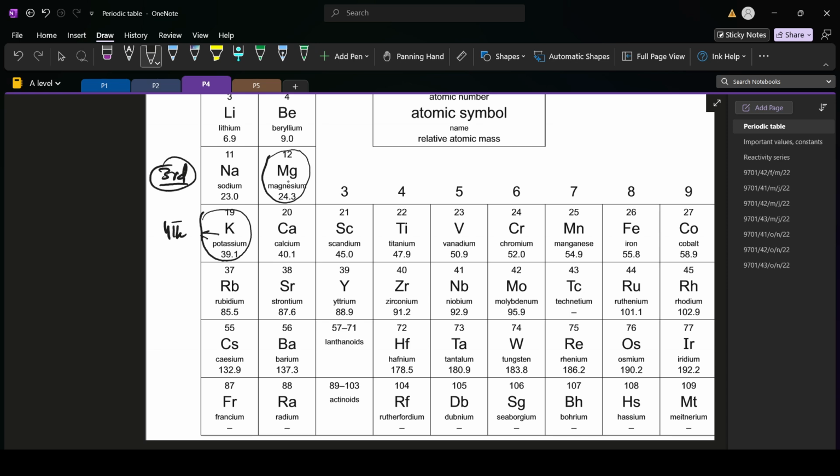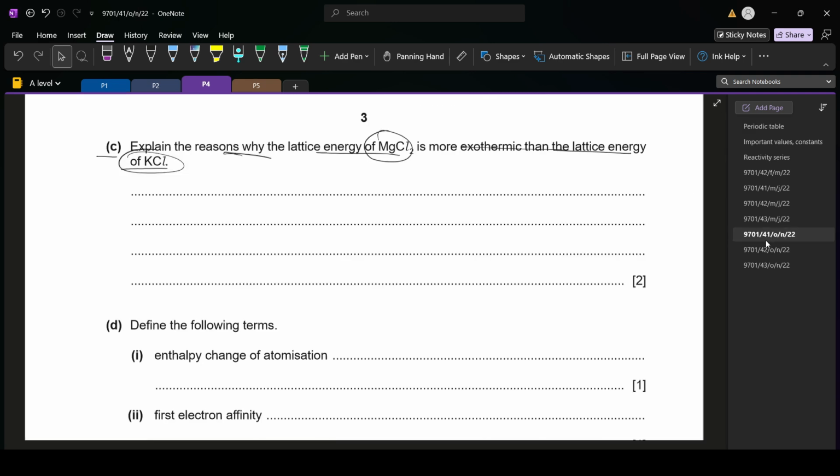So magnesium will have more charge density, and potassium will have less charge density because there are more shells, so there will be more shielding. Magnesium has a greater charge density, that's why it has more lattice energy.